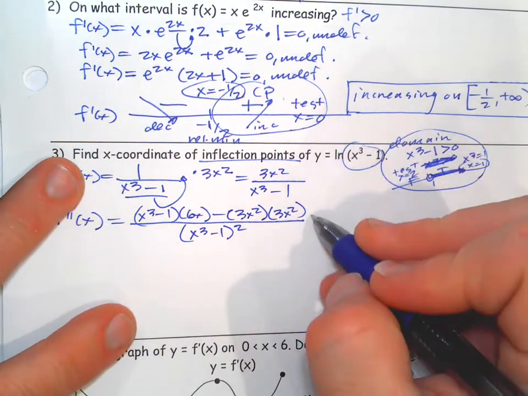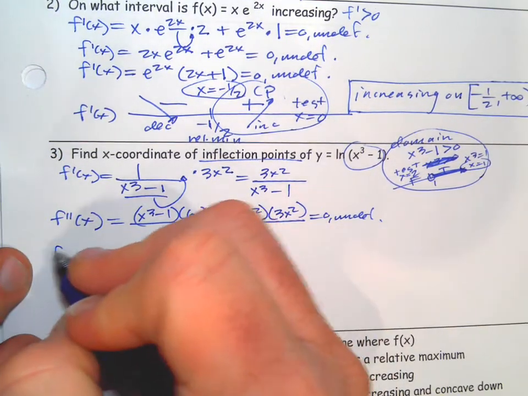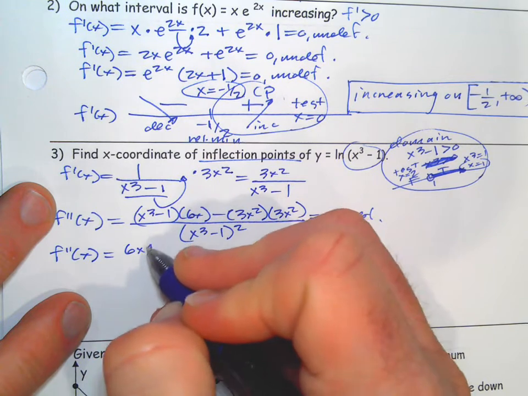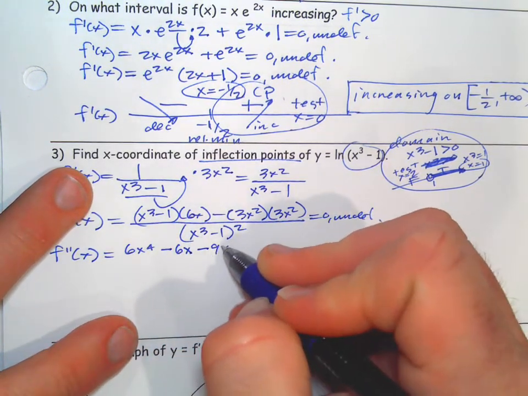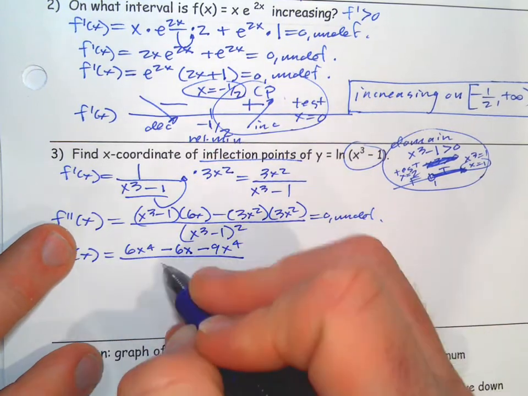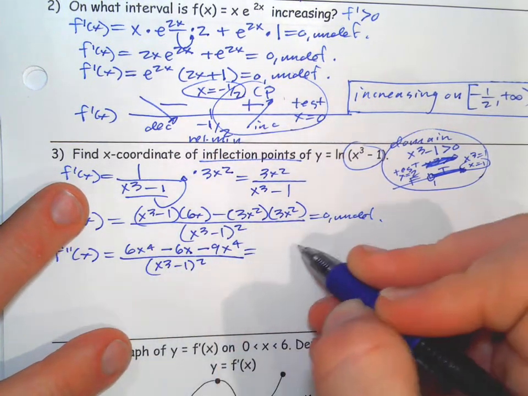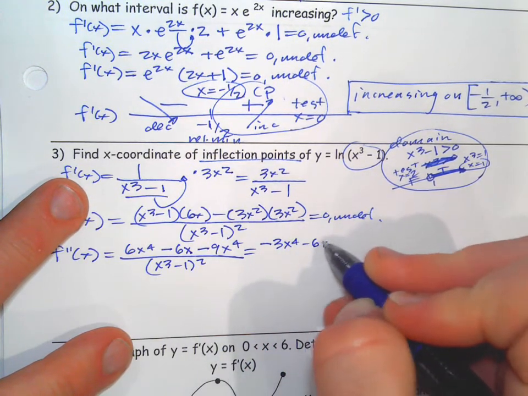Now, I'm going to set this equal to 0 and find where it's undefined. I think we should clean this up first. So it's going to be 6x to the 4th minus 6x minus 9x to the 4th. Bottom, leave that factored. And we can take it even further, negative 3x to the 4th minus 6x.